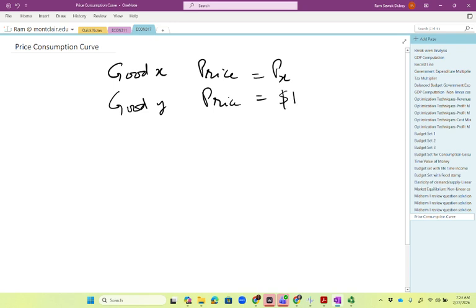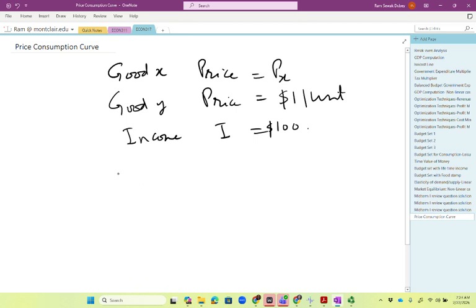We will change only one of the parameters at a time. So dollar per unit. And then we will also not change the income, which I will assume I to be fixed at $100.